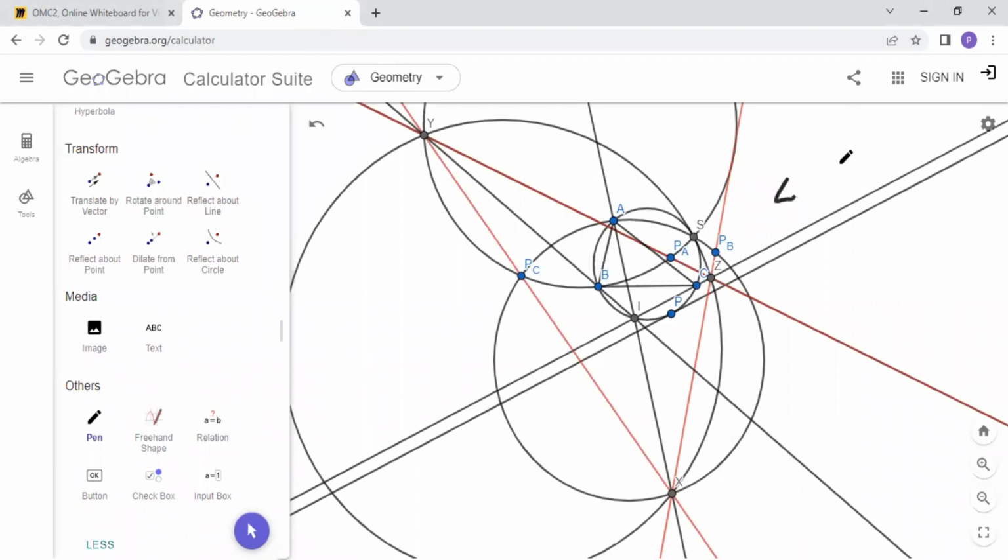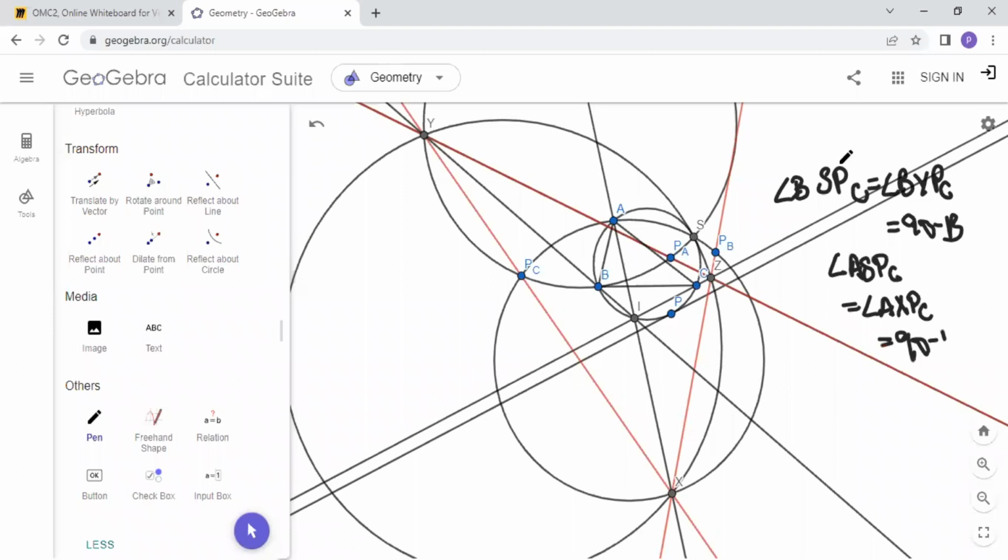We have angle BSBC is equal to angle BYBC, which is equal to 90 minus B, and angle ASBC is equal to angle AXBC, which is equal to 90 minus B. So the sum of these two angles, which is angle ASB, is equal to C.